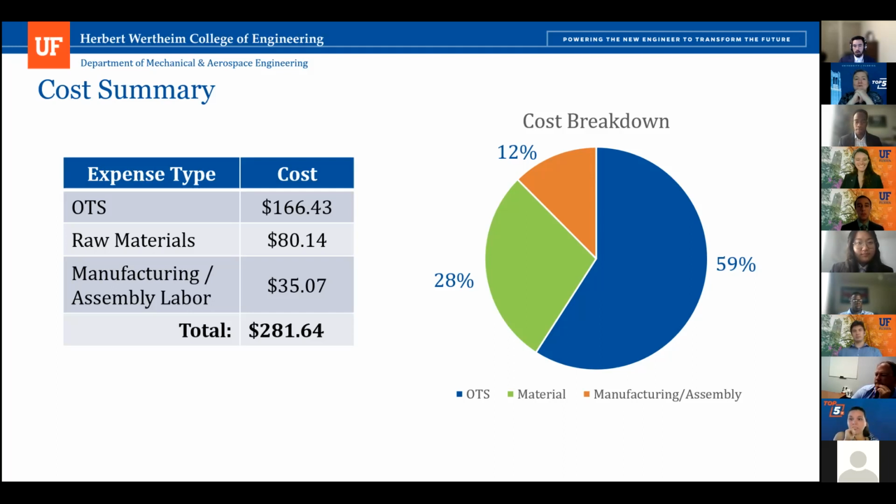Yeah. Here's another question. For your OTS parts, where did you get those prices? So for our OTS parts, I think the motors came off of Amazon.